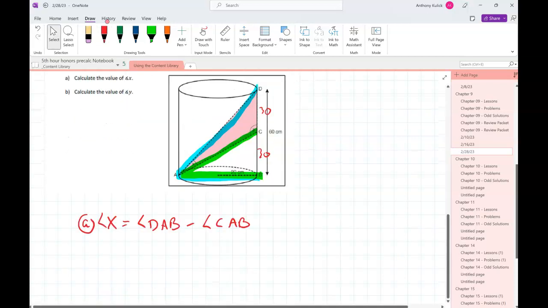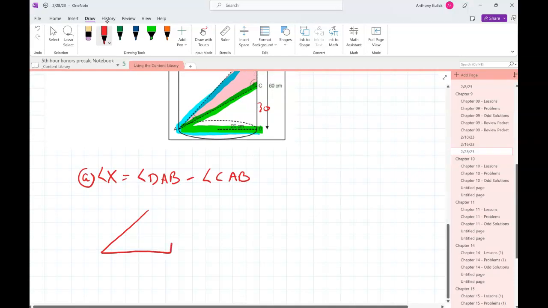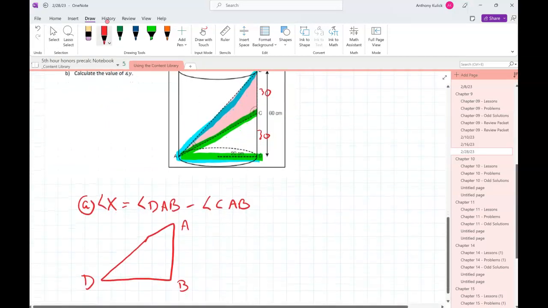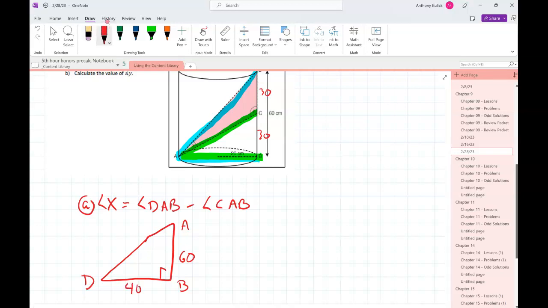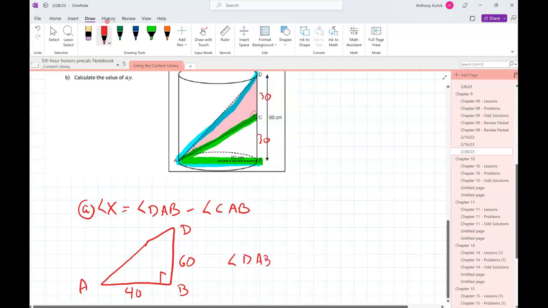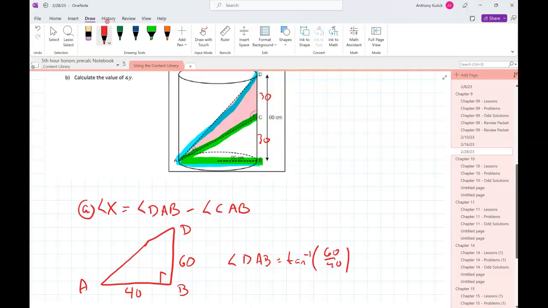So just underneath, DBA is a right triangle. This is 60. This is 40. I didn't draw that right. This was supposed to be the A and this is supposed to be the D. Okay. So angle DAB is going to be the tan inverse of 60 over 40.